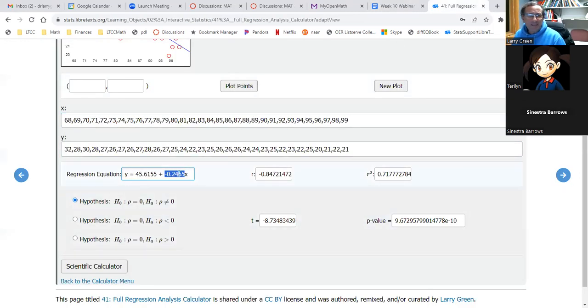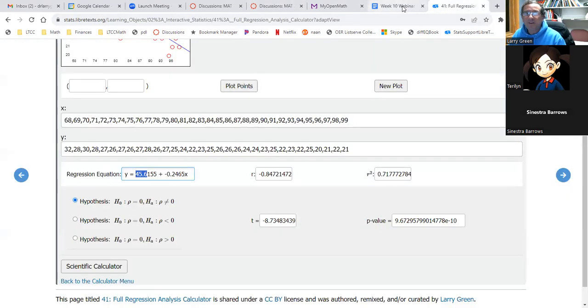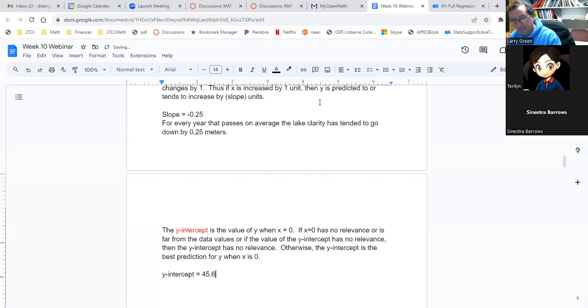Here, the y-intercept is about 45.6. One decimal place is good enough. So the y-intercept was 45.6, approximately.